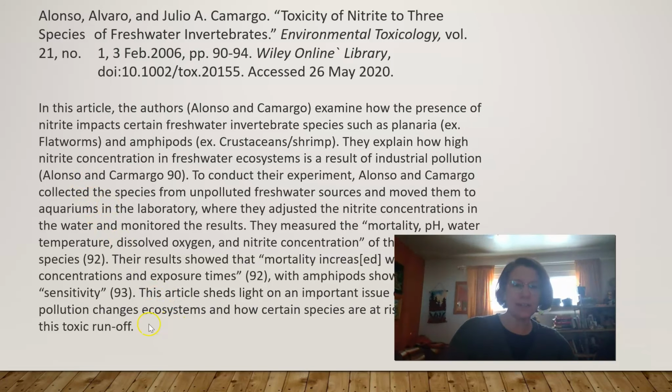So altogether, I think that was 1, 2, 3, 4, 5, 6 sentences long for that paragraph. So you want to make sure that it is short. You don't necessarily have to do 6 sentences, but you want to keep it maybe under 250 words and be concise in what you're writing about or summarizing.